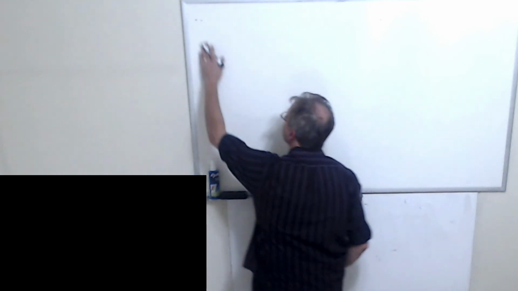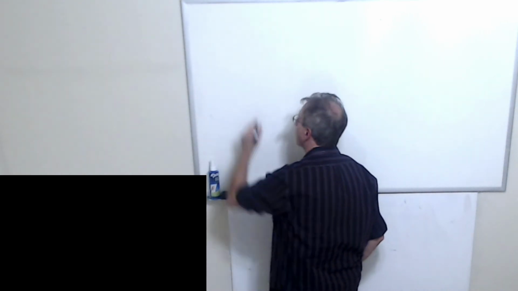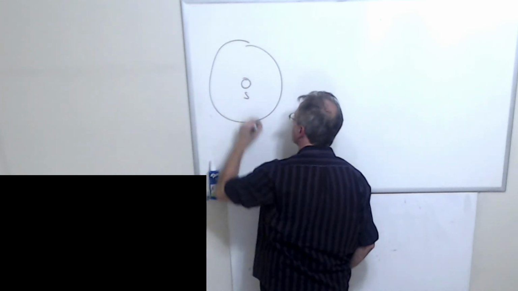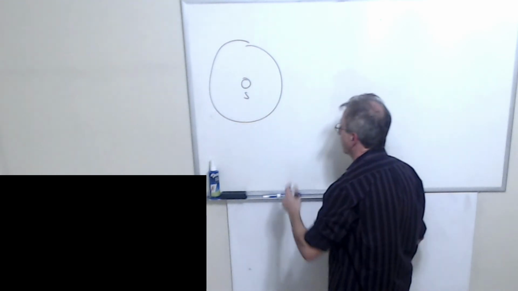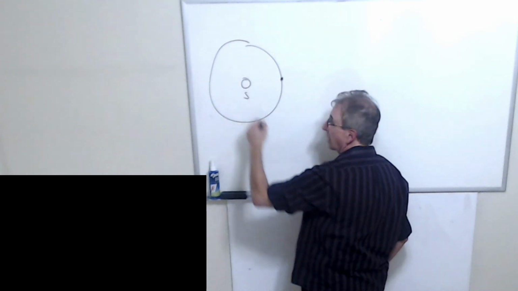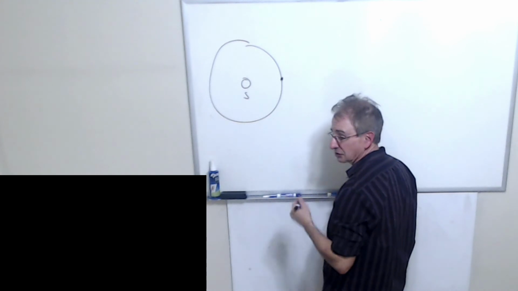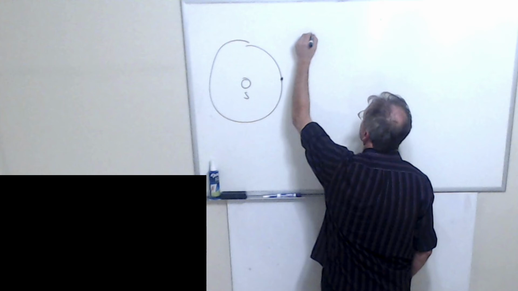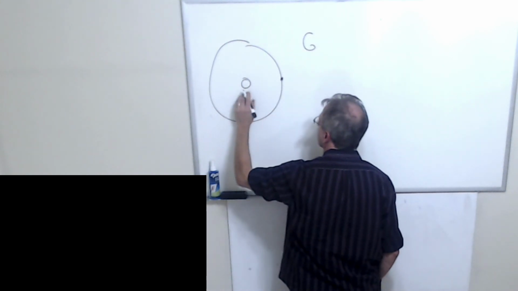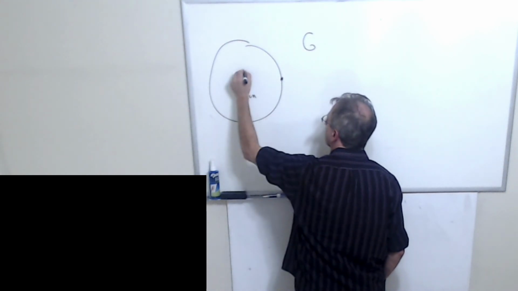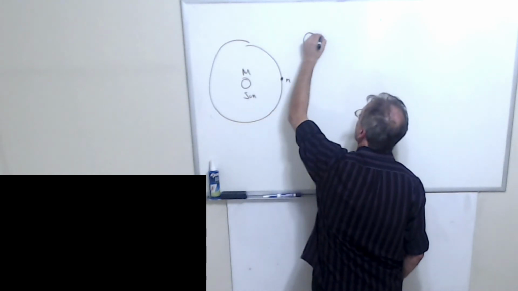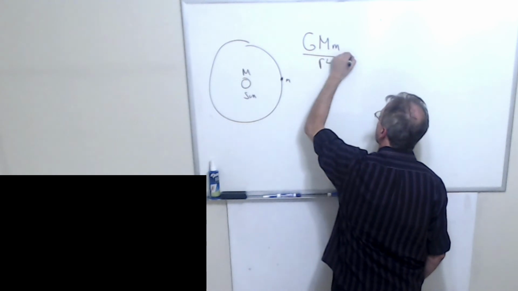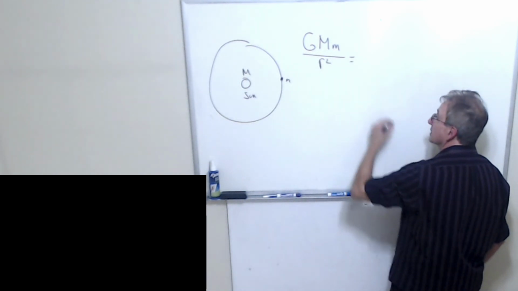If you have a body going around the sun, or a body orbiting some other body in a circular path, that gravitational force is producing a centripetal force.